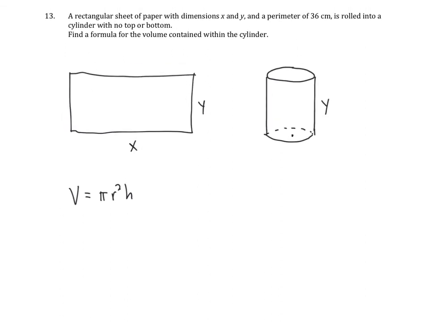And then if we look here, if this radius is r, then really the circumference is 2 pi r, but we know that that's really x. So x equals 2 pi r.